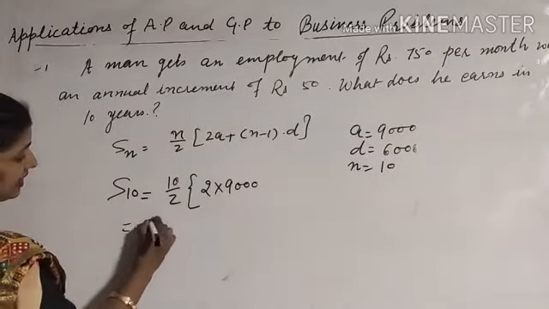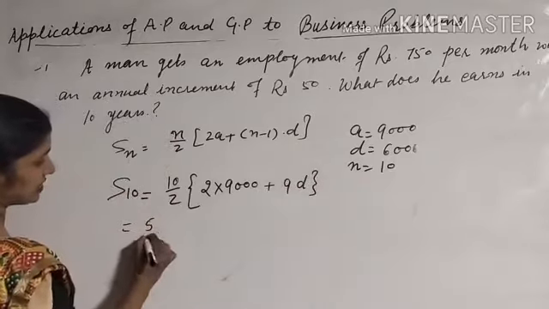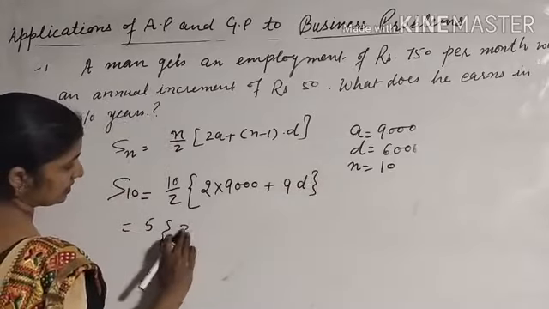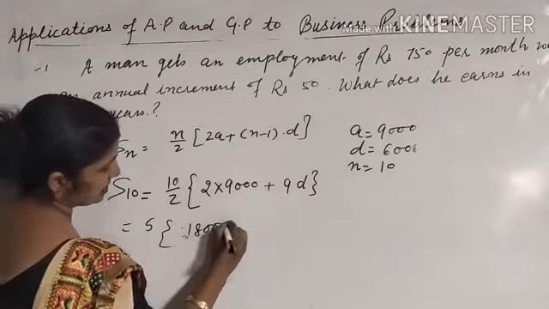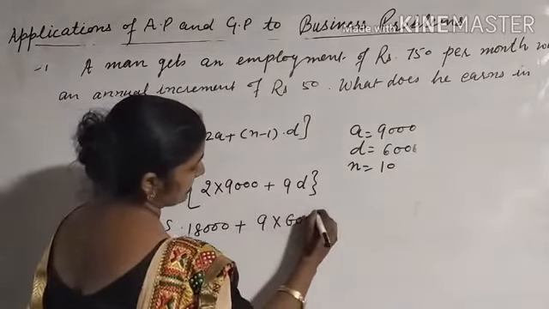So this is 5 into 18,000 plus 9 into 600.